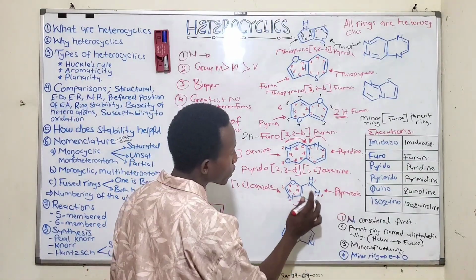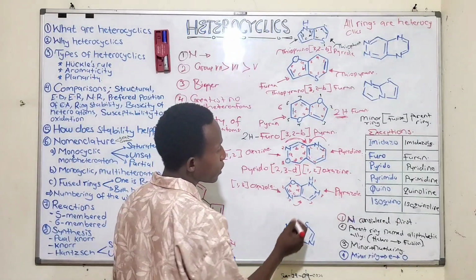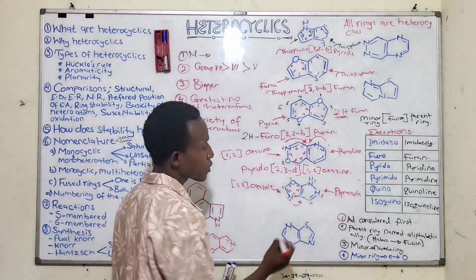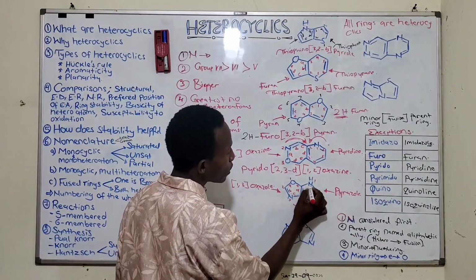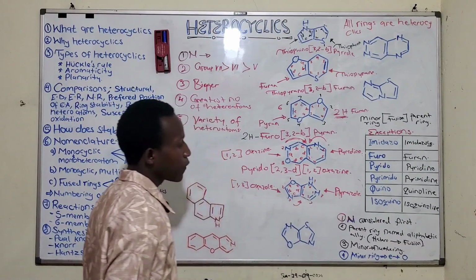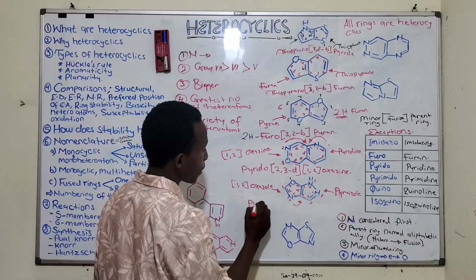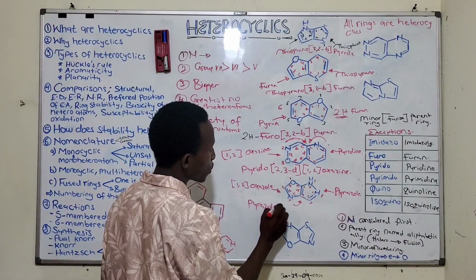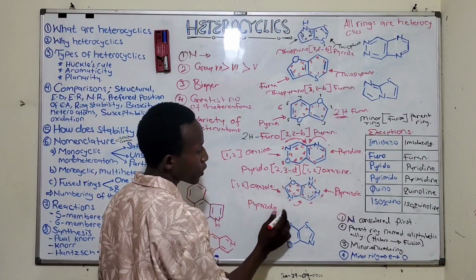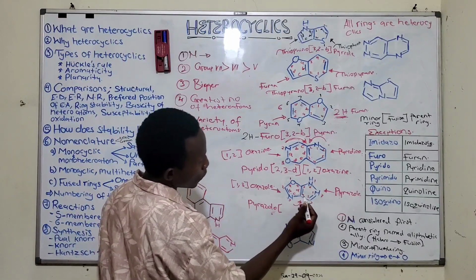But because they are fused, we shall give the lowest locant to the heteroatoms and the lowest to the fusion. So this one will be position 1, 2, 3, 4, and 5. So the name will be pyrazole. It's now pyrazole. We replace the E with O. So it is pyrazolo.